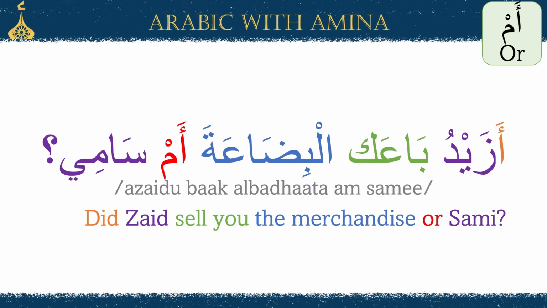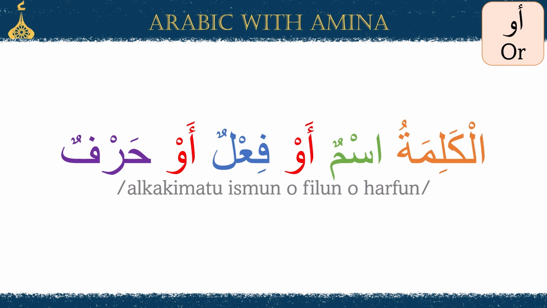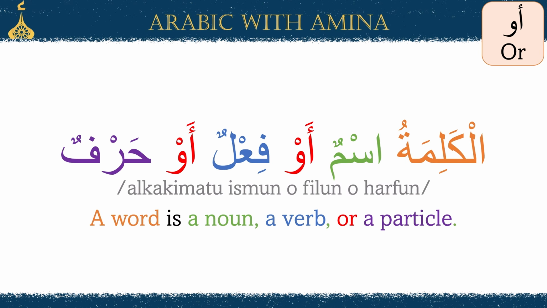The difference is that we wouldn't use this in a sentence. So for أو, we said الكلمة اسم أو فعل أو حرف. Here we cannot say الكلمة اسم أم فعل أم حرف if we're not asking it as a question.